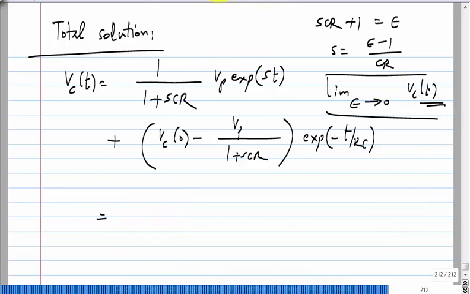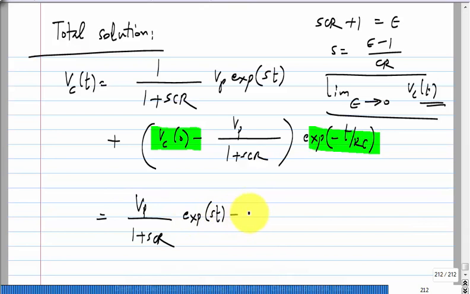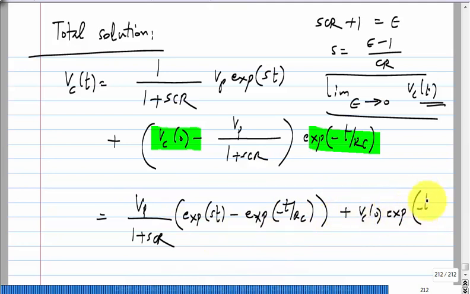Many of you have got this, of course. If you look at it, the part without the denominator 1 plus SCR has no problem. It is only the part that has the denominator of 1 plus SCR that has the problem. The rest of it, of course, there was no issue.